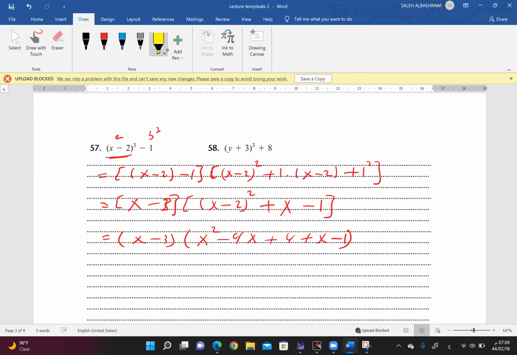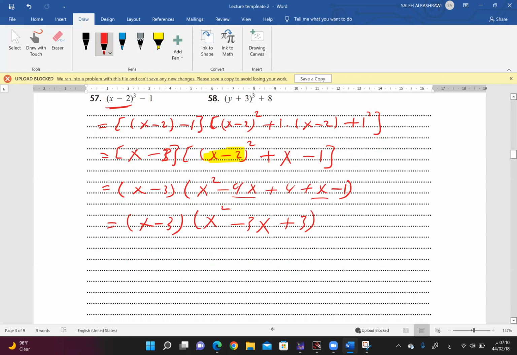And what we did, we just expanded this part using the identity a squared minus 2ab plus b squared, which can be simplified more to be x minus 3 multiplied by x squared minus 3x plus 3. So this is the factor of x minus 2 to the power 3 minus 1.